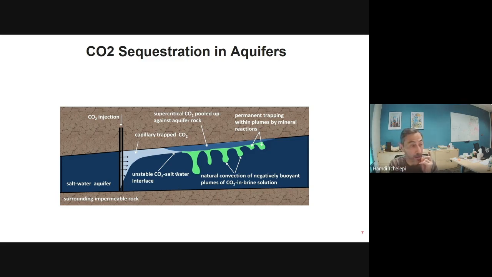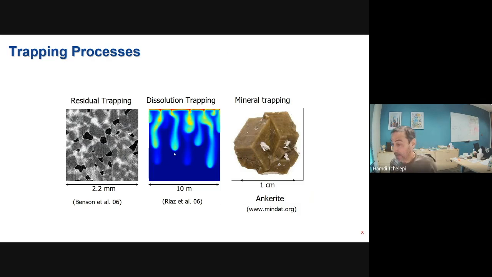So there are several things that we want to maximize. When we say trapping of CO2, these are mechanisms that enhance the safety of keeping the CO2 in the subsurface. The most obvious one is structural trapping, where you're assuming, as I had in the cartoon in the previous layer, that the porous medium of interest is surrounded everywhere else by impermeable rock that prevents the CO2 from leaking.